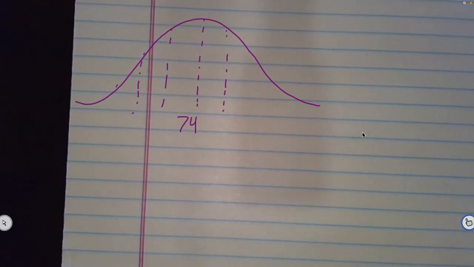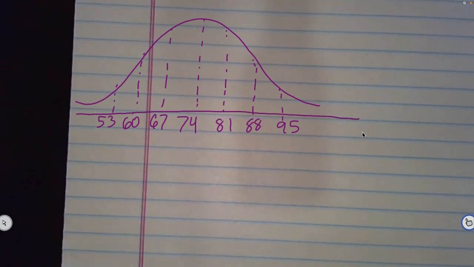So let's add or subtract our 7. If we add 7, we get 81, then 88, and then 95. Now we also must subtract our standard deviation of 7. 67, 60, 53. Okay, there we go. Everybody good with that?